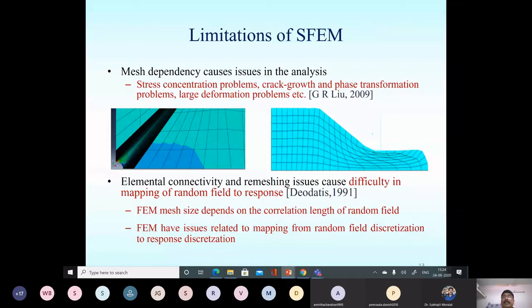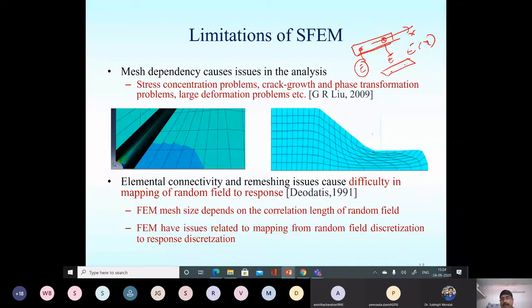When I take a problem defined in X, I take some property here, say density or E. E has a particular value here, and if I take a different point, it can have a different value. So that means it is a function of X as well. And when I take a different sample, I can have a different function. So it becomes a function of X. We call that a random field.